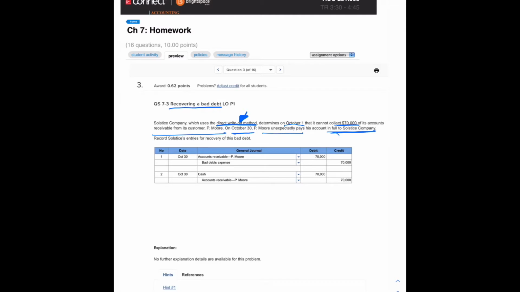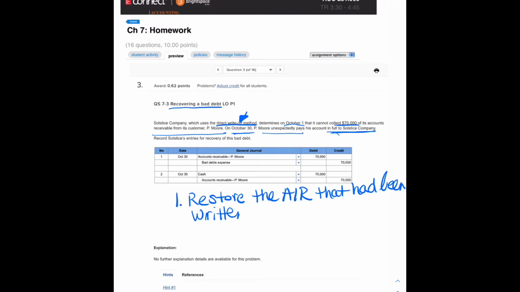So this has 2 parts. The first entry is going to restore the accounts receivable that had been written off. And the second thing we're going to do is show the collection of cash.